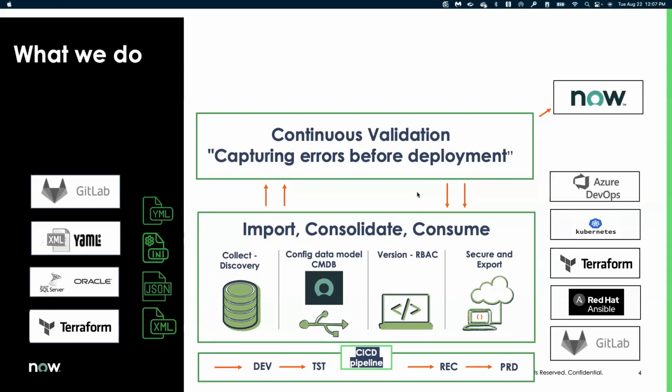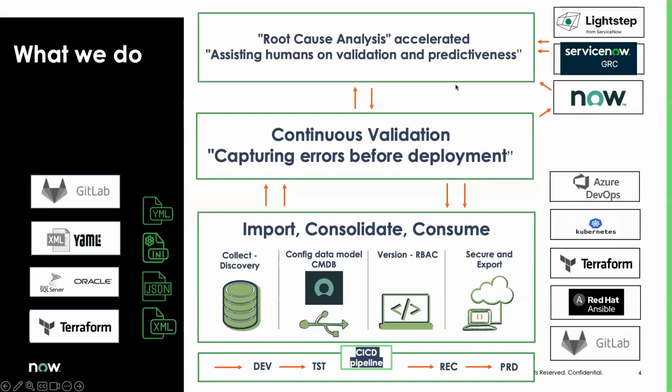And then, of course, having all of that data in the platform, now in ServiceNow, is going to allow us to apply some AI to it and some root cause analysis, and also just assist humans in predicting what kind of changes lead to bad outcomes, for example.